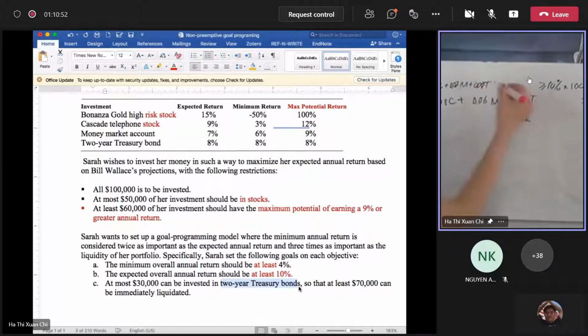So for each goal, we should add d1 minus, d1 plus, d2 minus, d2 plus, so here it should be equal, right? And here plus d3 minus, d3 plus is equal. Right now we move on to the hard constraints. The hard constraint says 100,000. It's heavy rain, so I will close the door. Everyone, wait a minute.